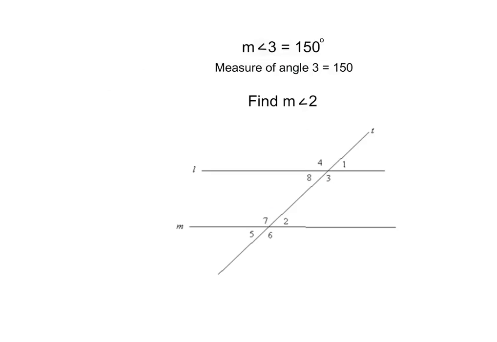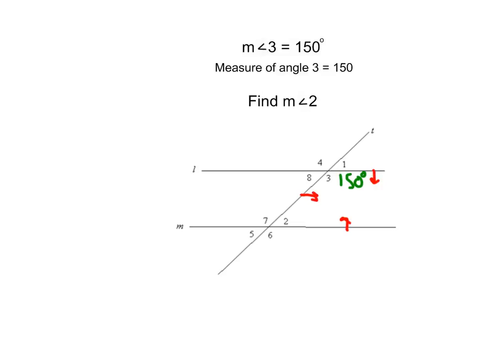And that's useful as we're solving, and you'll see right here. I've got the measure of angle 3 is 150 degrees. Now I'm looking for this angle here. I'm not sure what angle 2 is. Because of this relationship, they are both on the interior of these parallel lines and on the same side.